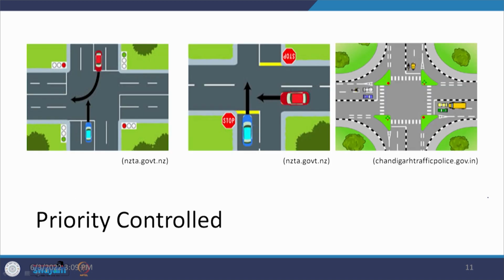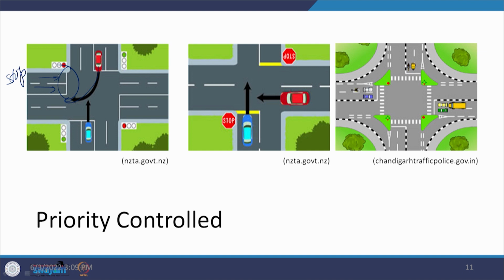So, if we try to omit those things, then we go into a priority system, and when we go into a priority system, then we are trying to give priority of one type of maneuver over the other. Say if you see here, the traffic which is coming from this direction, there is a stop line being provided here. So, the vehicles are going to stop, and if this vehicle has already started movement, then they will take a movement afterwards.